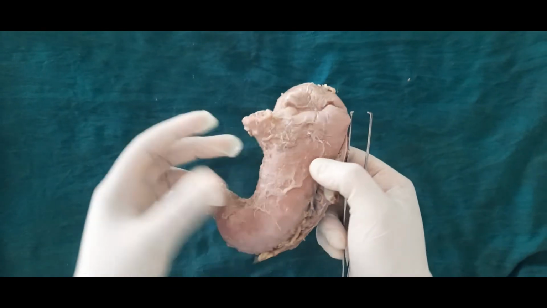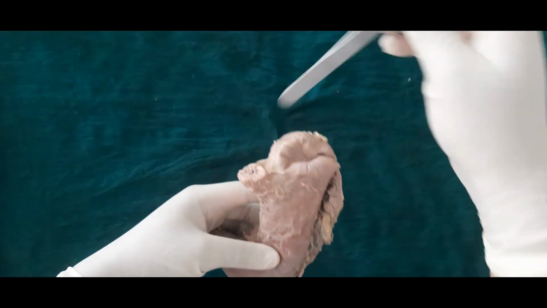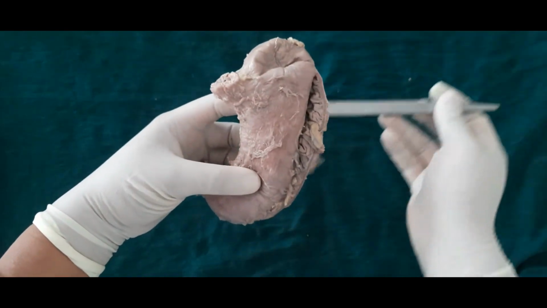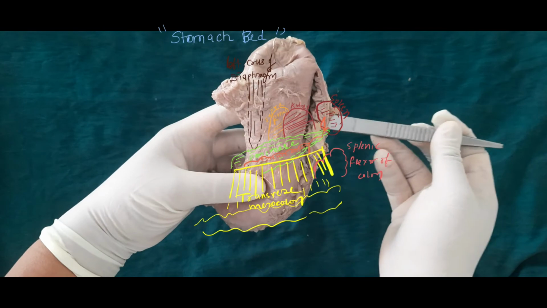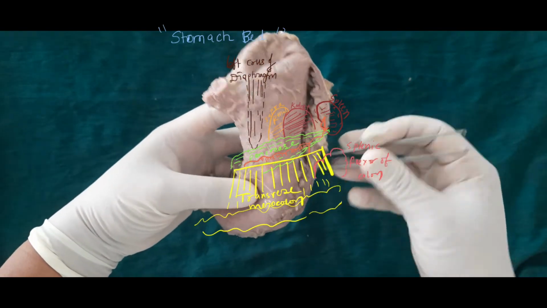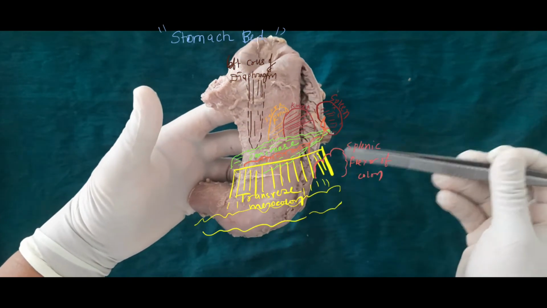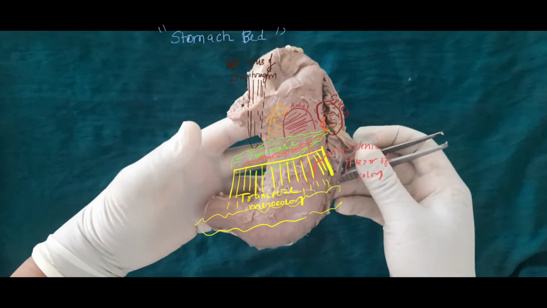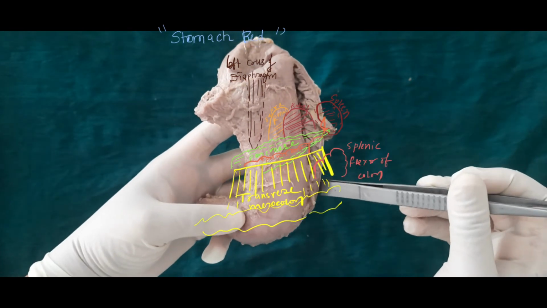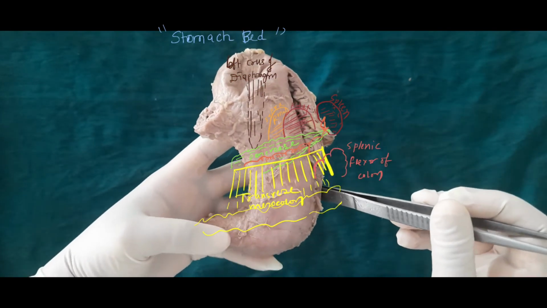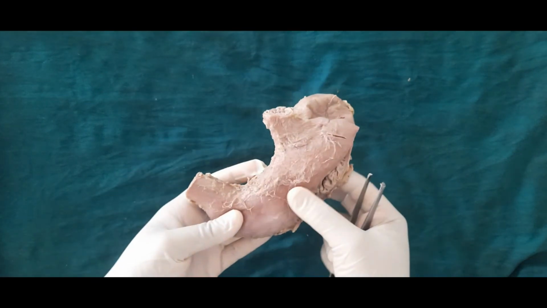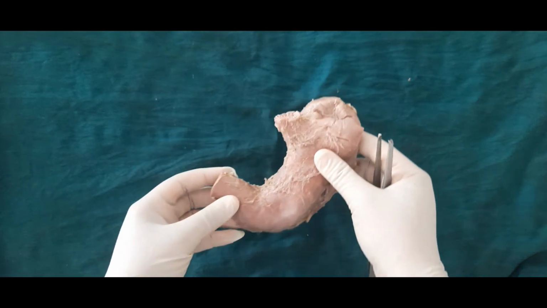So these structures form the stomach bed: the left crus of the diaphragm, left suprarenal gland, left kidney, the spleen, splenic artery, then posteriorly the transverse mesocolon, and the left colic flexure or splenic flexure. These are the structures that form the stomach bed, or the posterior relation of the stomach.